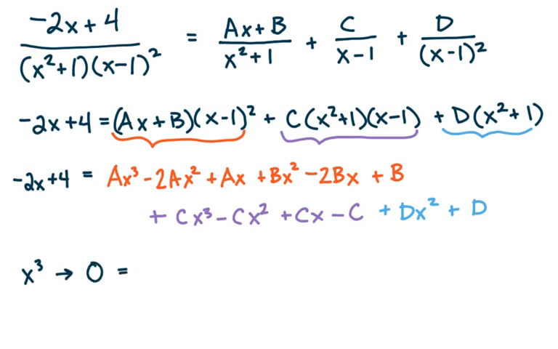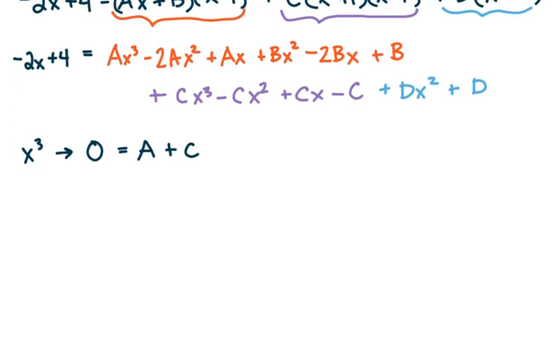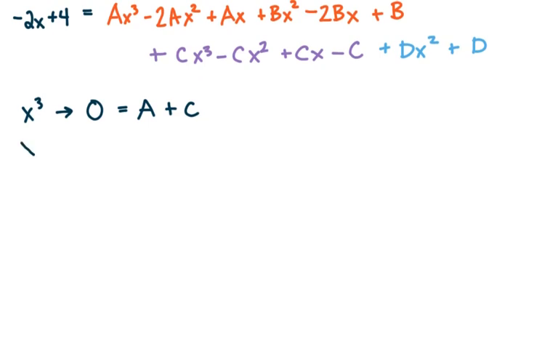How many x cubes do I have over here? I have 2. I've got Cx cubed and Ax cubed. So 0 equals A plus C. X squared. Again, I don't have an x squared coefficient on the left side, so I'll have 0 equals, and then we'll write the coefficients of my 4 x squared terms.